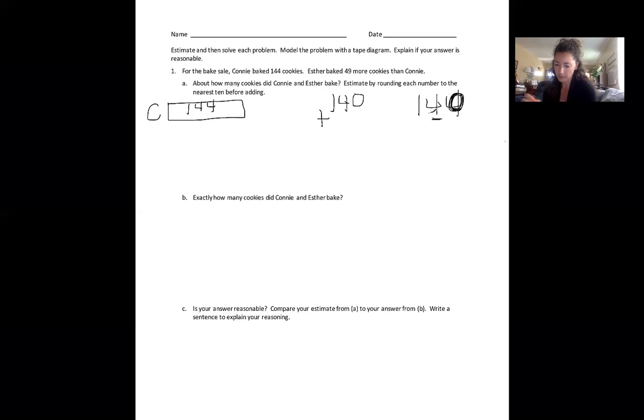Well, it says that Esther also baked those cookies plus 49 more. So I know that Esther has the same amount here. I'm going to try to line that up so I know that she also baked the same amount, but also plus 49 more.